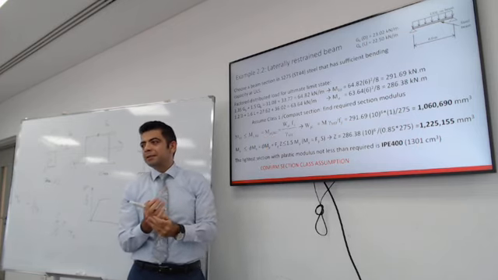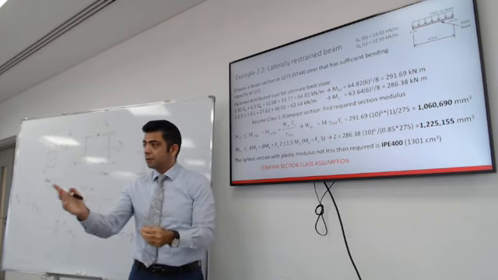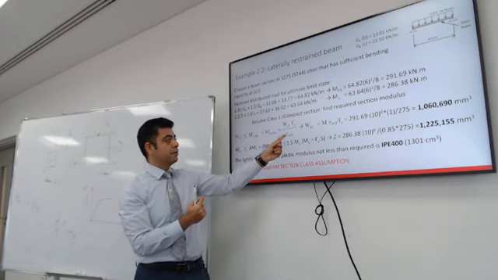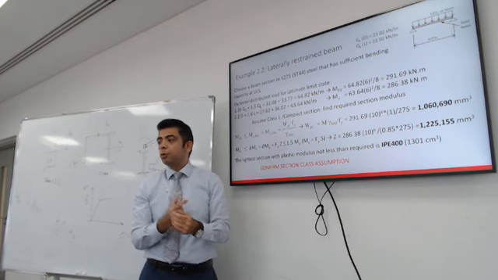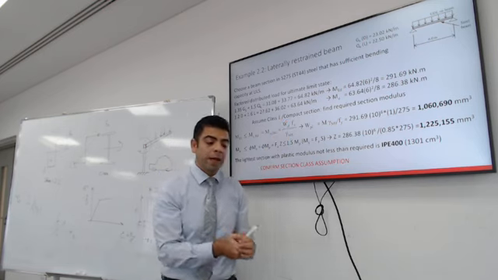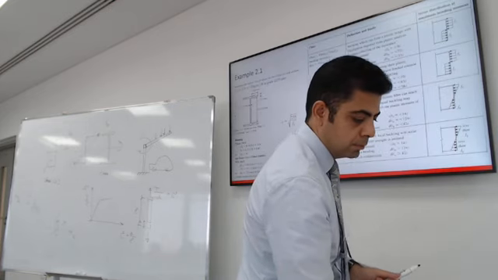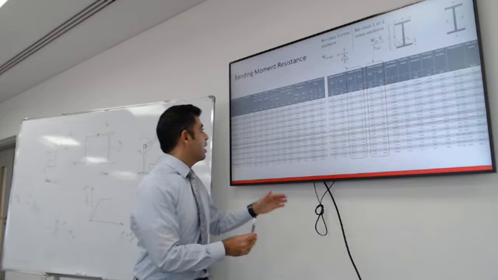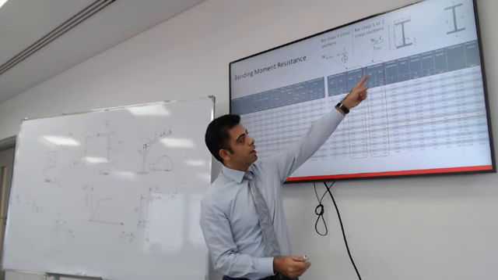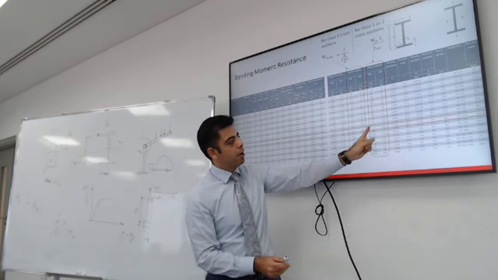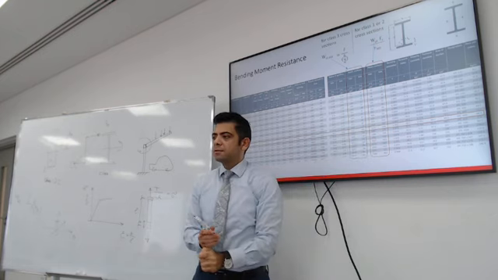Does that make sense? And F yield, you have F yield, we have the factor of safety. All I'm looking for is the section modulus. When you choose the section modulus, you go in the tables and see which one will have a strong enough plastic section modulus to resist the applied load.